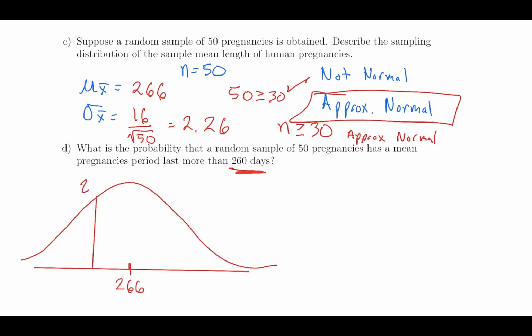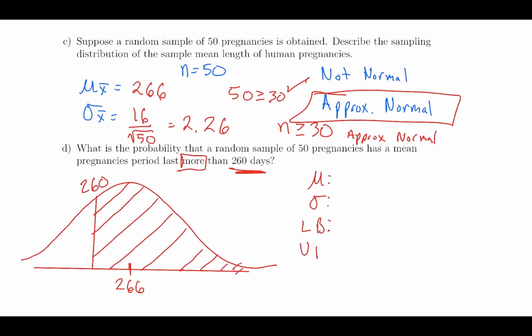So let's say 260 right here. The keyword here is more. It's telling me it has to be bigger than 260 days, so if it's like 261, 270, 280. So we shade the right side. Now we want to figure out what mu is, what sigma is, what the lower bound is, and what the upper bound is. Any questions so far for that drawing?